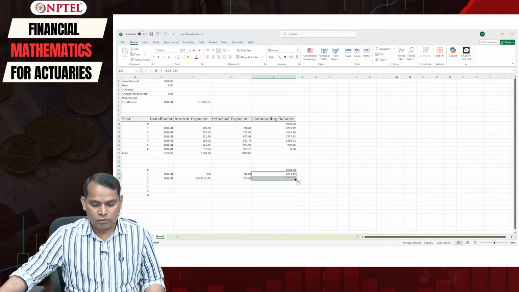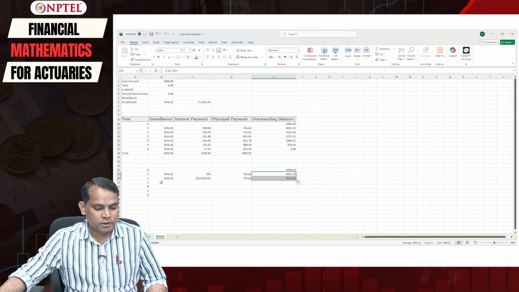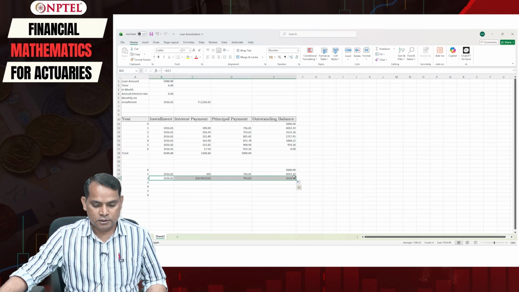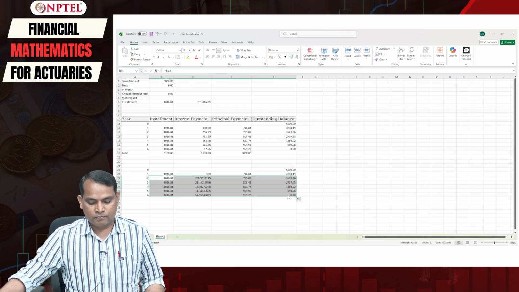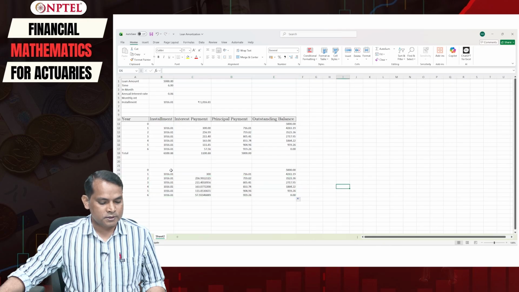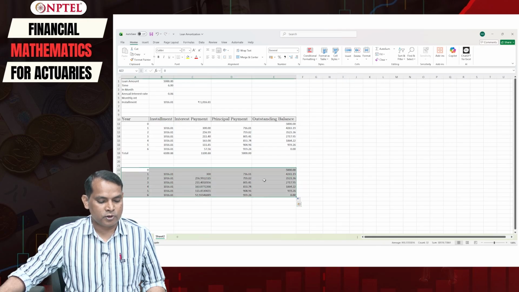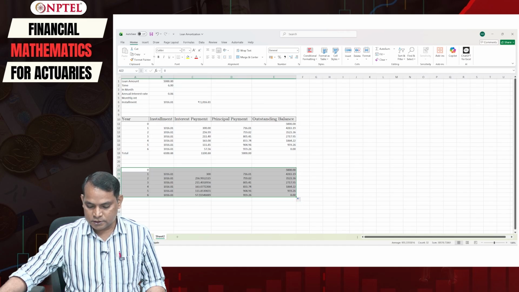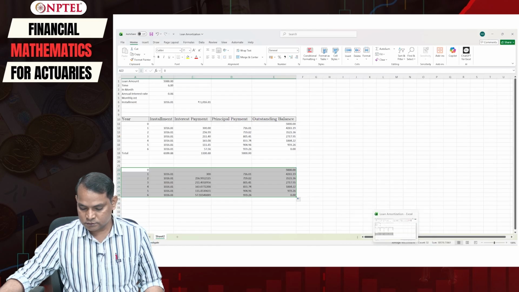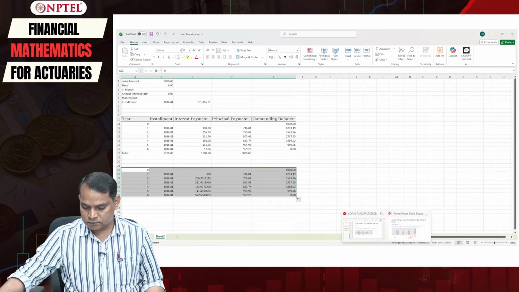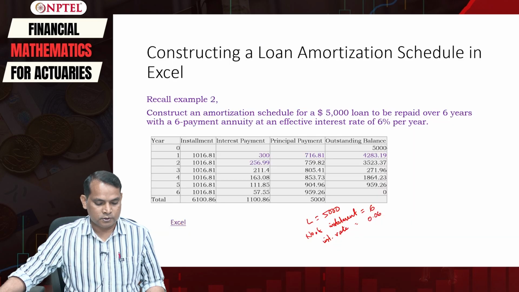Once you get this, you can easily select it and drag it here, you will get the same value. This is exactly the same one. Now you just copy it and you can see it here. This is nothing but this one.